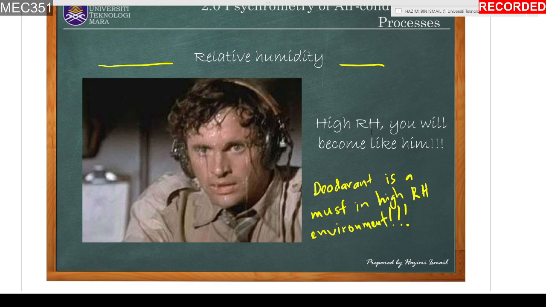Bila badan melakukan metabolic proses, kita akan keluarkan air secara berpeluh. Okey, di Malaysia disebabkan air dah banyak dalam udara, air tu susah nak vaporize atau evaporate to be in the air. Jadi tak boleh nak vaporize, dia maintain dekat kulit.